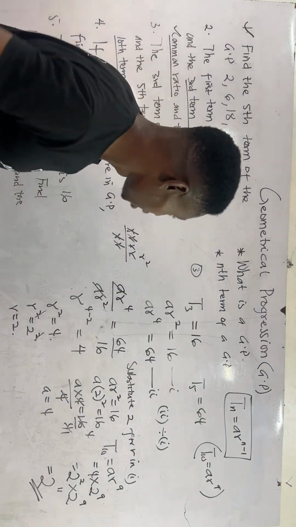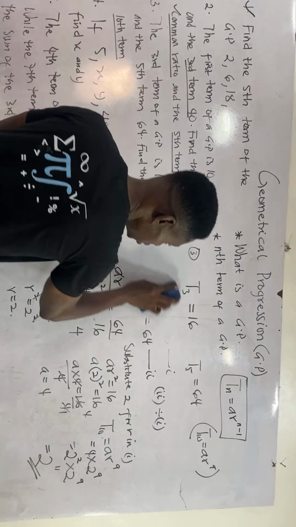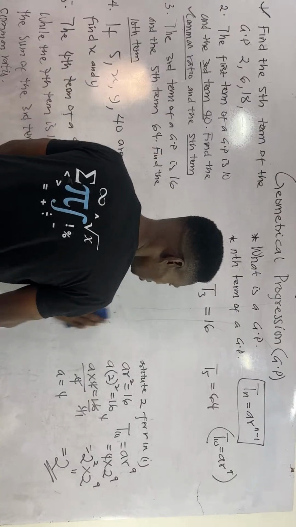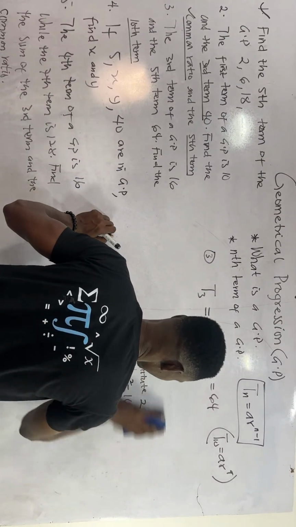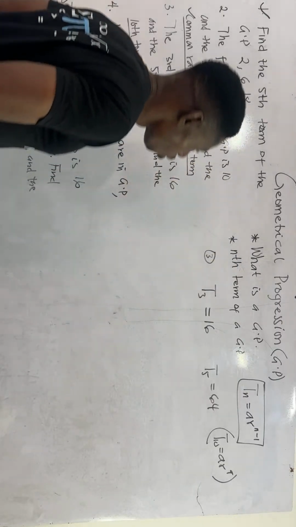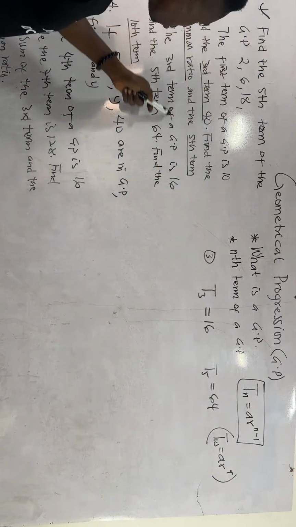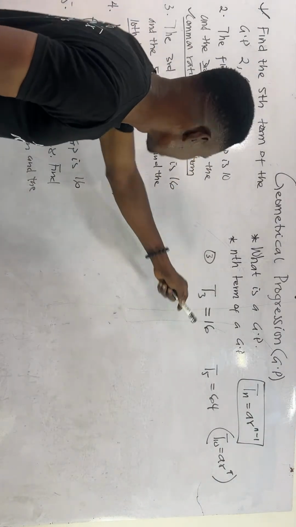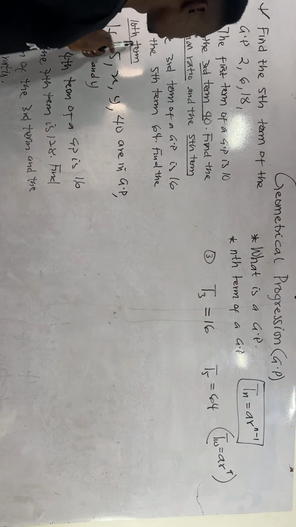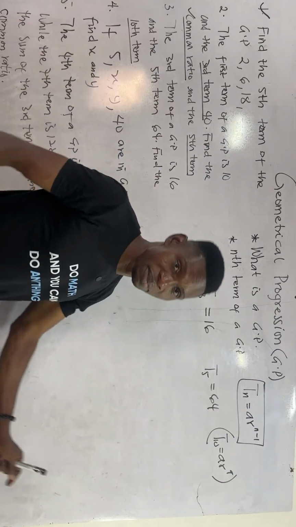Since I'm re-explaining, I think I can rub this now. I'm going to be a bit fast. Just follow me. All we were given is that the third term, T3, is 16, and the fifth term is 64, and we're looking for the 10th term.